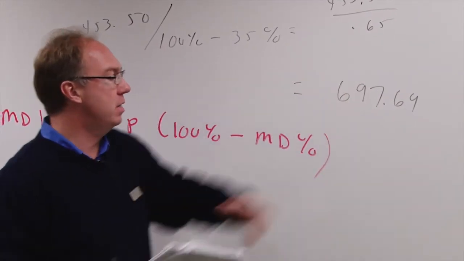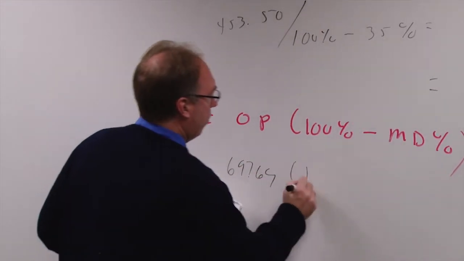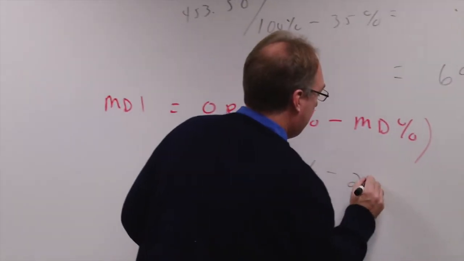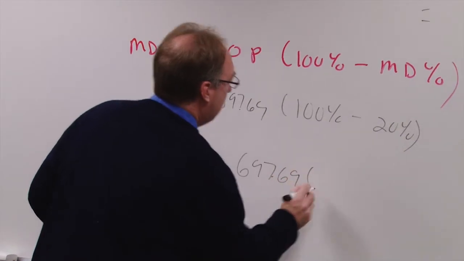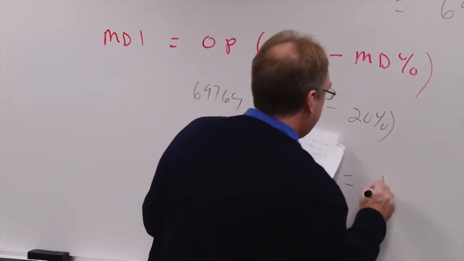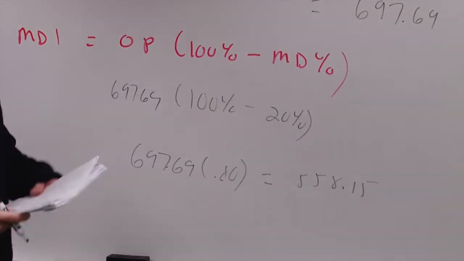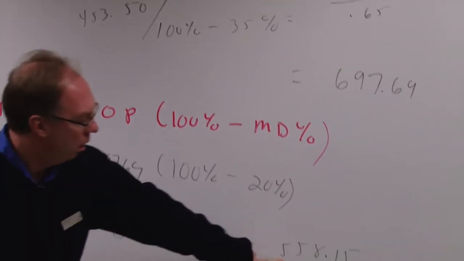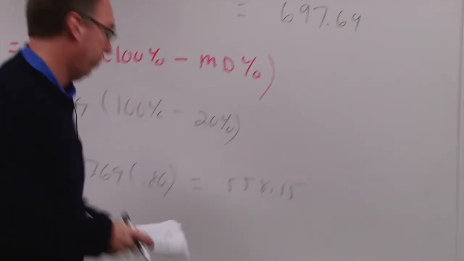So we have $697.69, and we have a markdown percentage of 20%. So we have $697.69 times 0.8, and that's going to give us $558.15. Okay. So what we've done so far is figured out the original price, and now we've figured out what the cost is going to be to our customers after the first markdown.